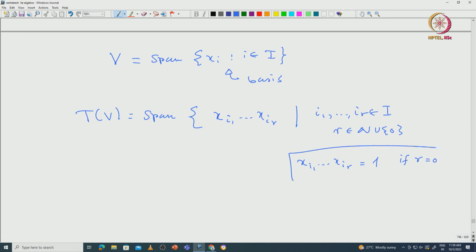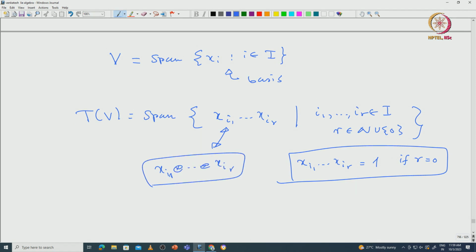With this convention, T(V) is spanned by all of these. Here we identify x_{i1} etc. x_{ir} with x_{i1} tensor etc. tensor x_{ir}.